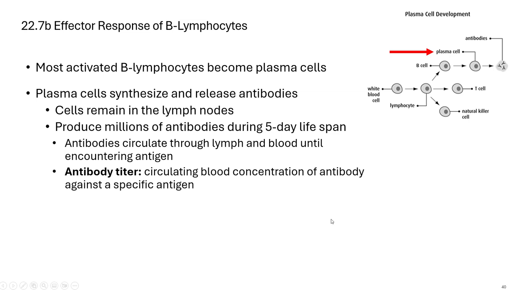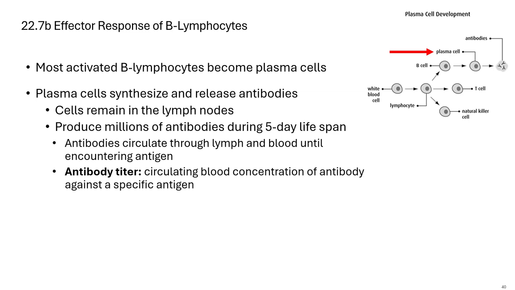And so these antibodies are freely circulating. Remember, the circulating antibodies have the same receptor specificity as the original B cell receptors, which are also antibodies, and they circulate in the blood. They are at various levels, so antibody titers, the circulating blood concentration of antibodies against a specific antigen that confers some amount of immunity.